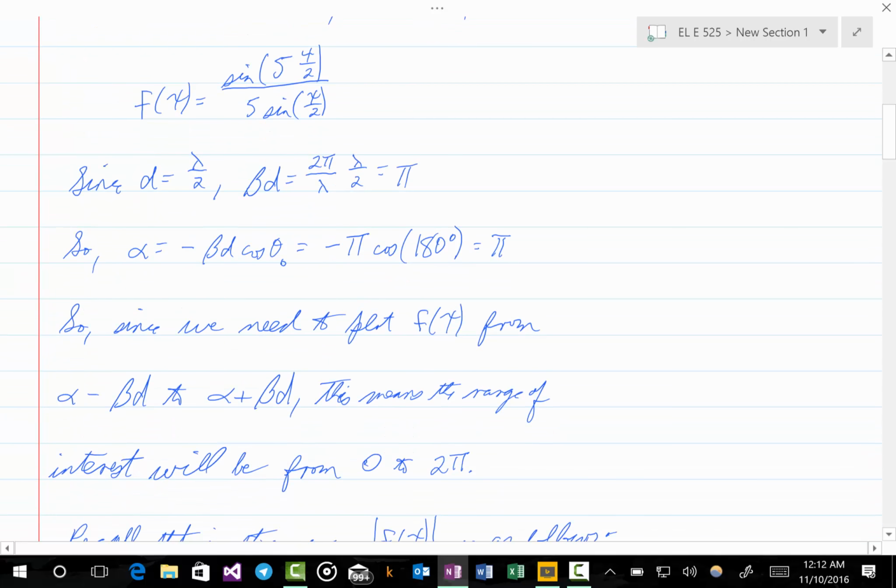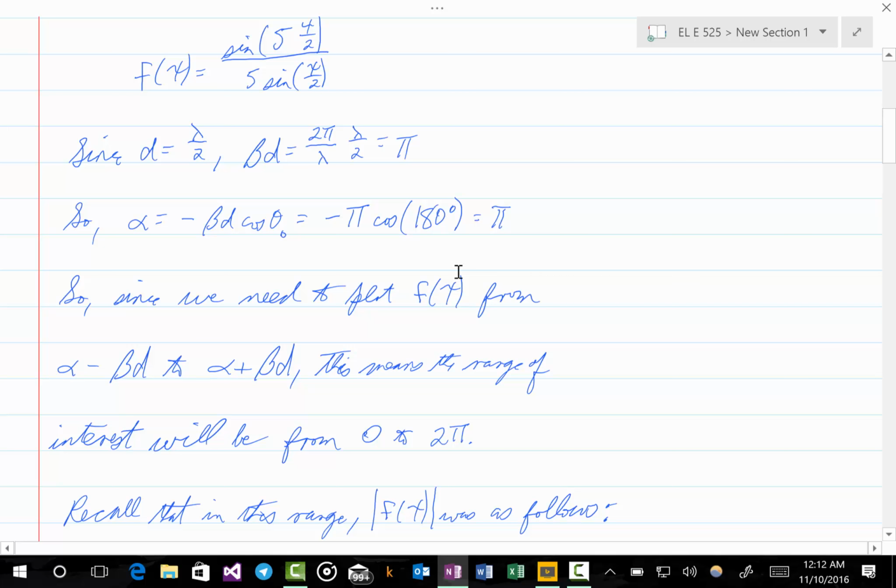And remember that we want to plot f of psi from alpha minus beta d to alpha plus beta d. So since alpha and beta d are both equal to pi, then alpha minus beta d is 0, and alpha plus beta d is 2 pi.